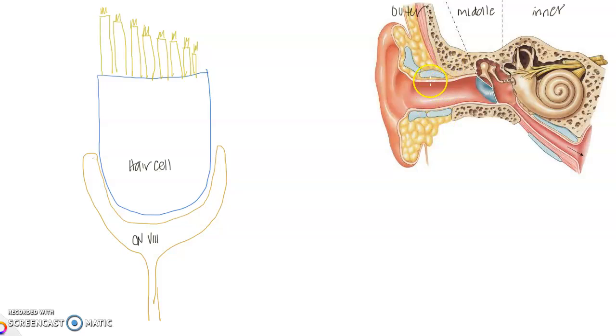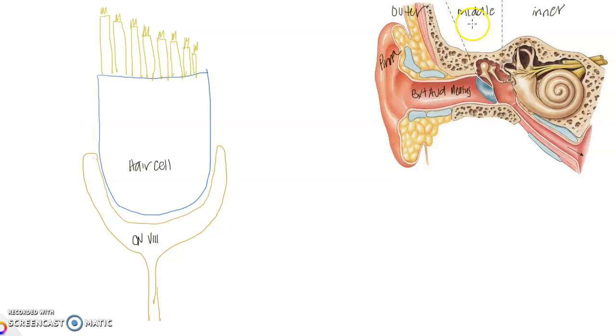The outer ear is just the pinna, so the ear part, and then the external auditory meatus. The middle ear goes from the tympanic membrane over to the oval window.